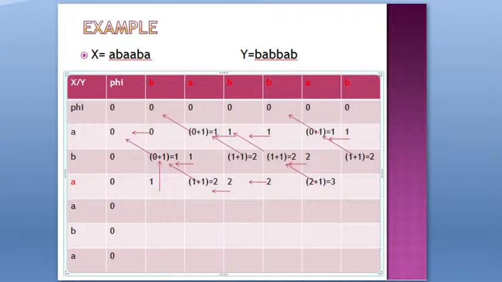Because the maximum between 2 and 3 is 3. So it will take 3 from where? From the left hand side, absolutely correct. Next is A to B. So in a similar way we will perform it. I am just putting the value over here.